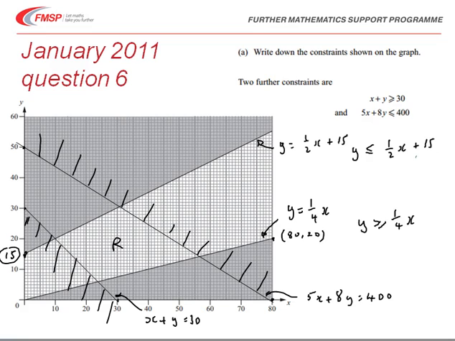The marking: there were 2 B marks for each of these constraints, B1 and B1. That was for getting the equation of the line and then for getting the inequality.